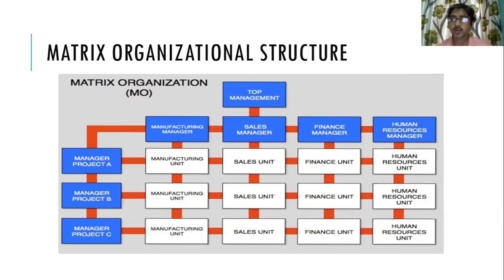There may be other employees who are not involved in the project A, B, and C. So for them, he is functioning as the human resource manager. But specifically for project A, B, and C, he is functioning as the human resource manager for those projects. Especially in these three cases, the labor dimensions, the employee dimensions will be different.